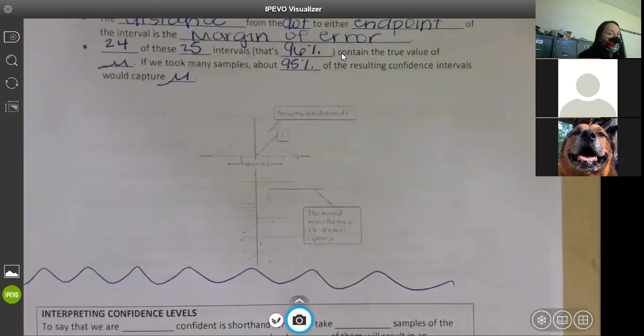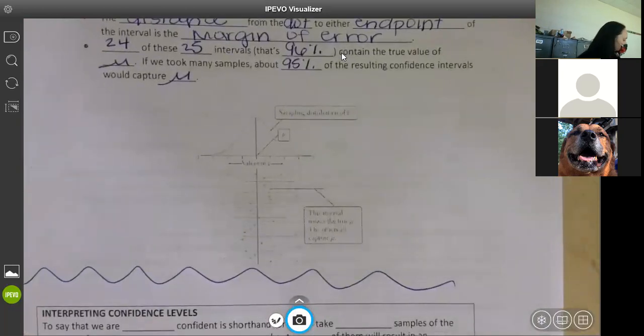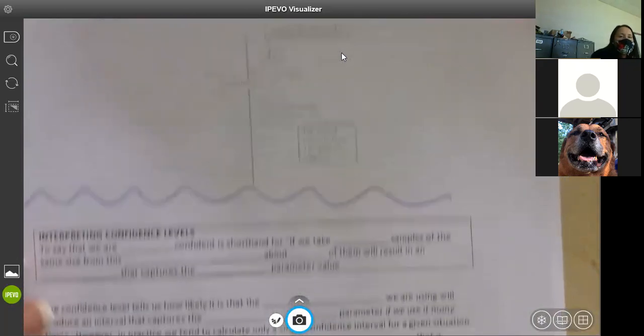The next part is going to be confidence levels. So interpreting confidence levels.